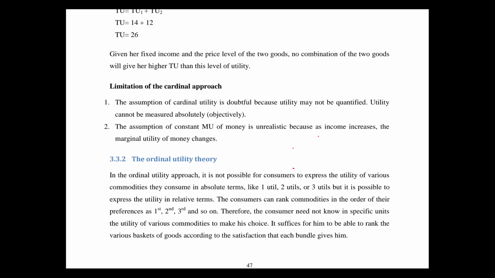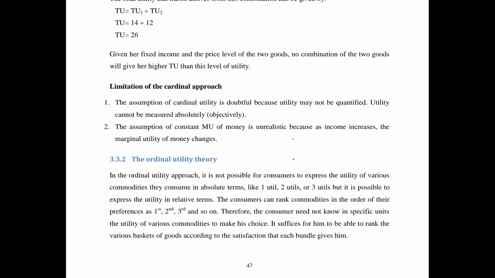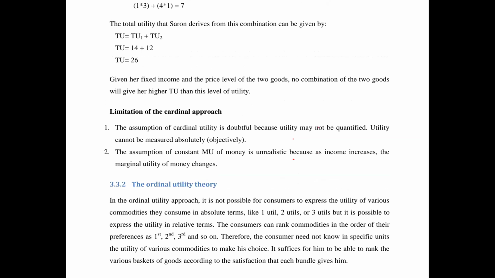They can't manage to start numbering. They can only do that in relative terms, in terms of comparisons. You can't quantify utility. So that's what the ordinal utility theory says: satisfaction cannot be measured using numbers. This is different from what we looked at under cardinal theory.